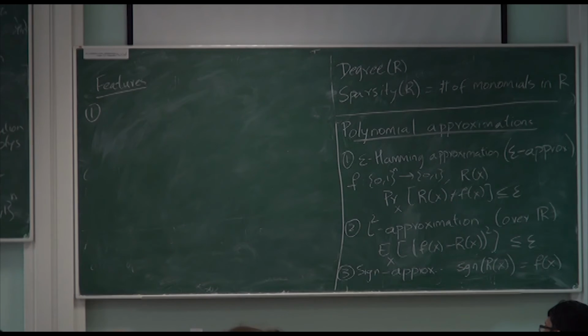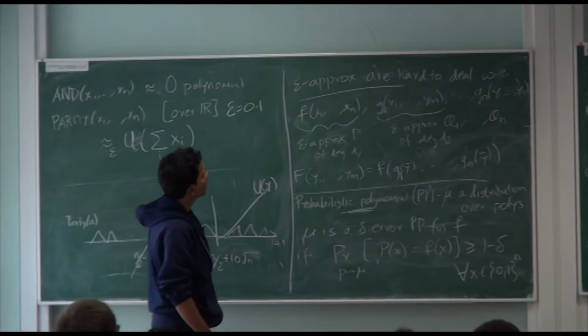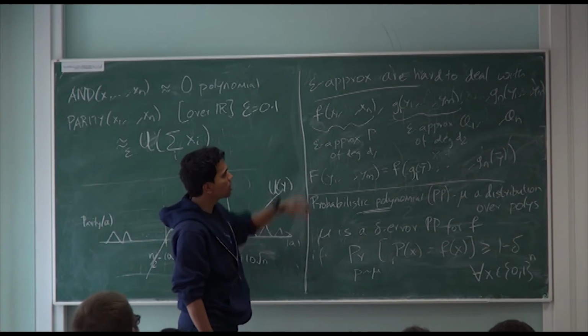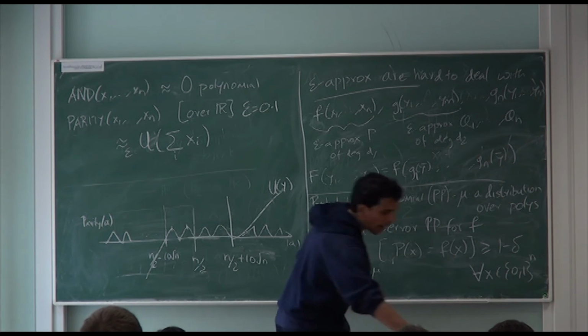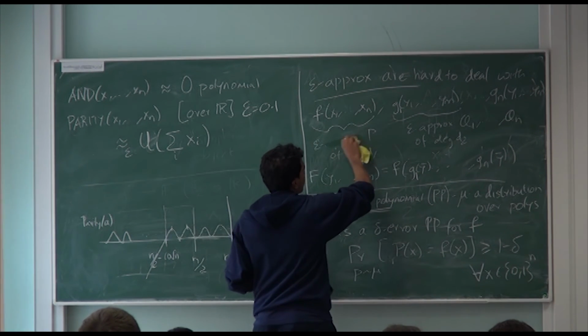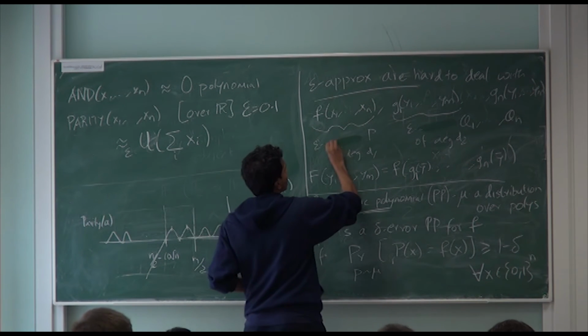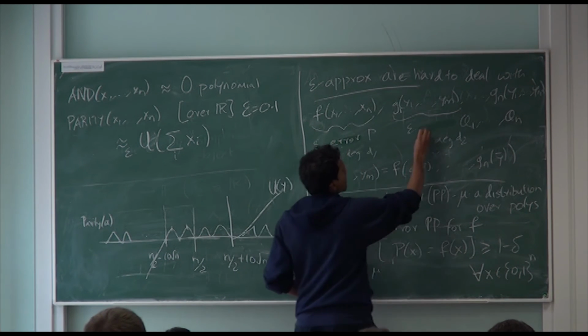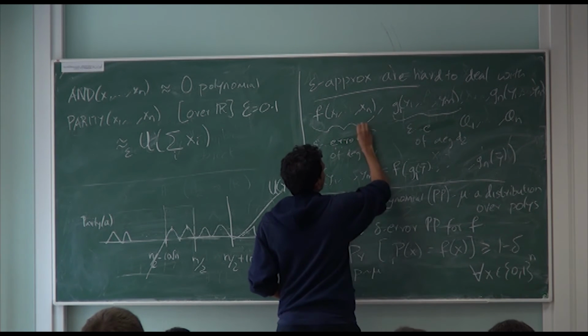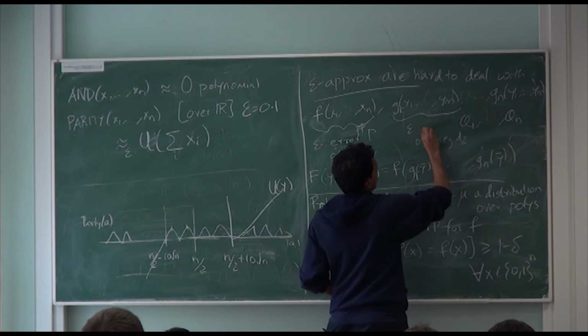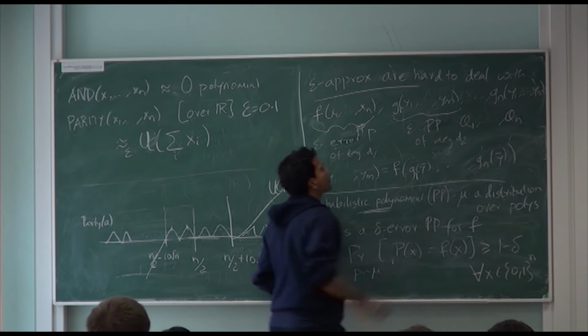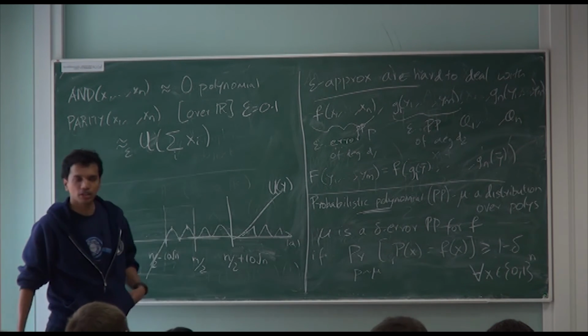Let's go back to this setting here, and instead of epsilon approximations, say we now have epsilon error probabilistic polynomials. Let's say PP, and let me just say epsilon PP, and you'll know what I mean. Epsilon error probabilistic polynomials.